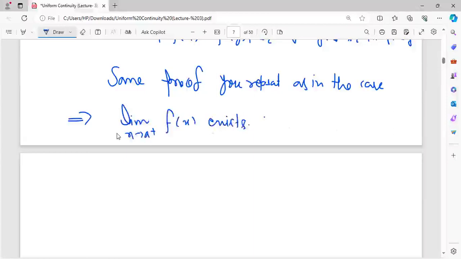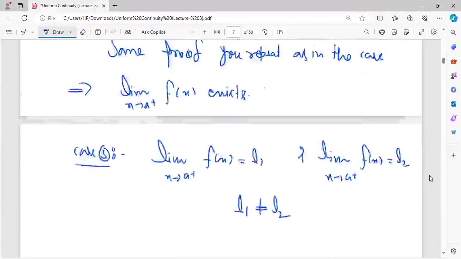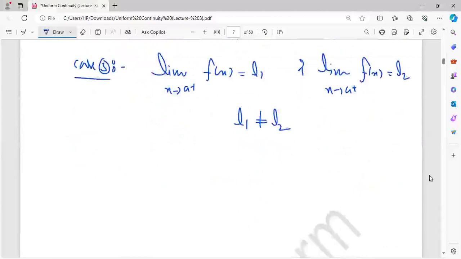Okay. So case third, we know that limit x tends to a plus of f(x) is L1 and limit x tends to a plus of f(x) is equal to L2 and L1 not equal to L2. So we will take epsilon equal to (L1 minus L2) by 2, that is greater than 0.